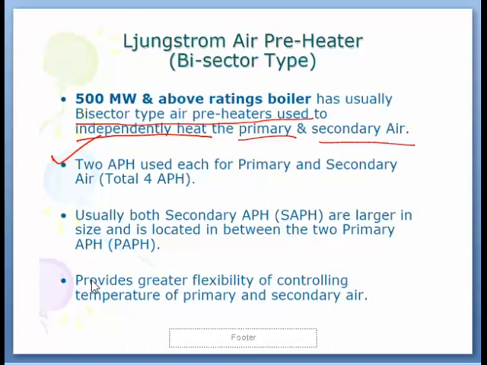So in the bisector type of air preheater, we have greater flexibility for controlling the temperature of primary air and secondary air, because both temperatures can be independently handled.